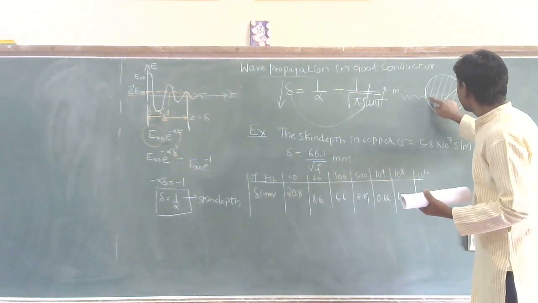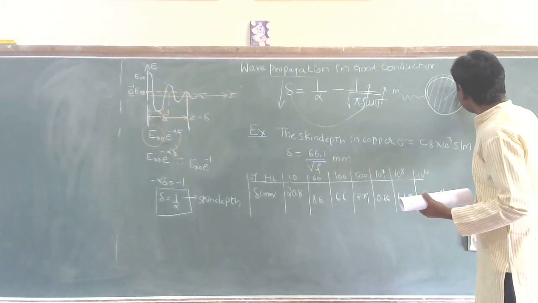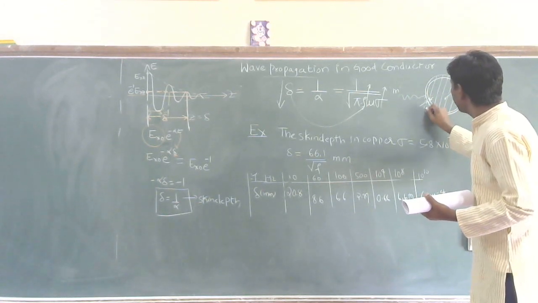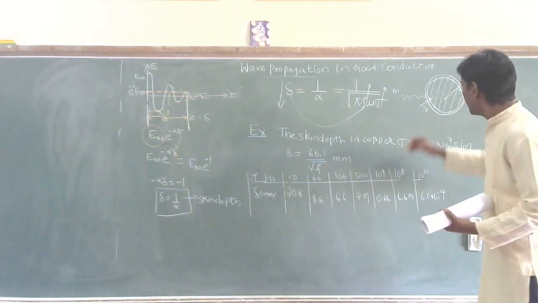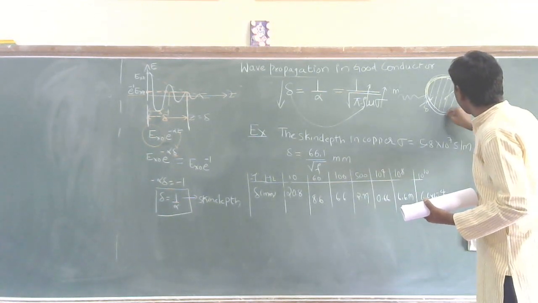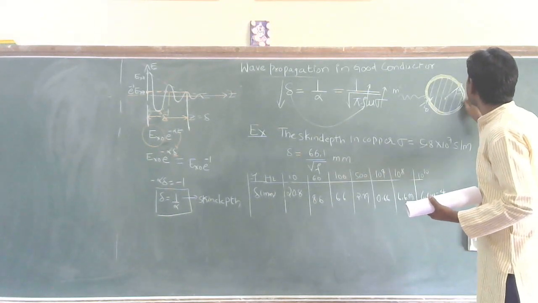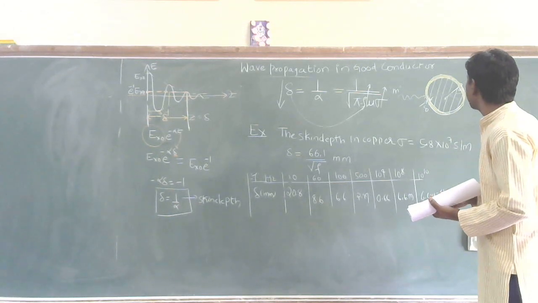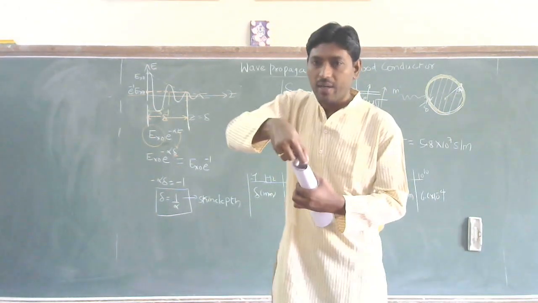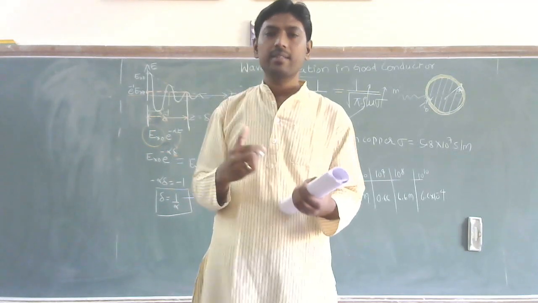What we find is that the electromagnetic wave can travel only to a depth of delta, and that delta depends upon the frequency. So all this current and electromagnetic waves are confined within this small region. Its actual radius is A, but the fields are confined only to a thin layer of the conductor.